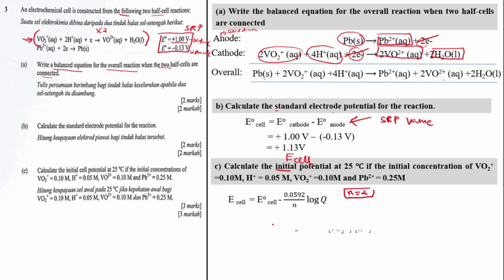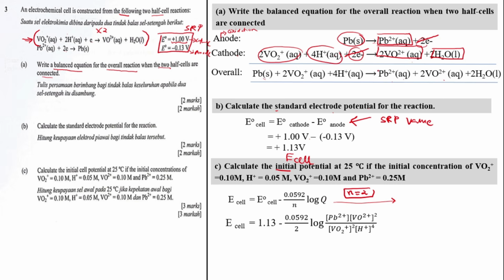Okay, so we're going to do the substitution. So E naught cell is calculated from the B part here, which is 1.13, minus 0.0592 written back, n is equal to 2, number of electron, and then log our Q here is basically our reaction quotient.